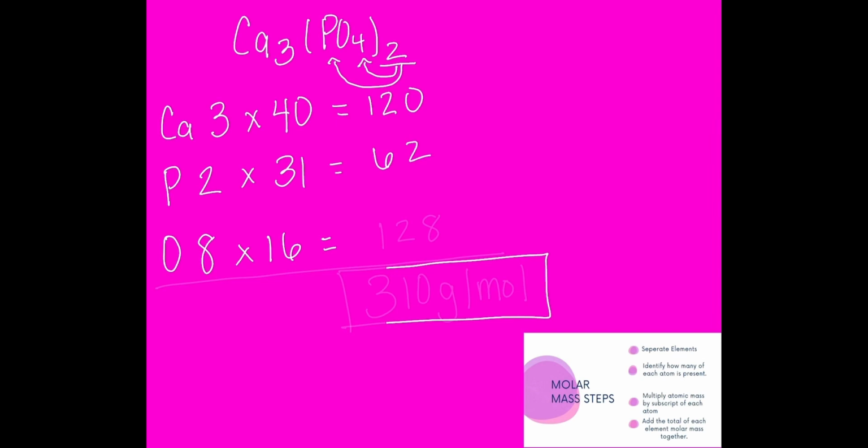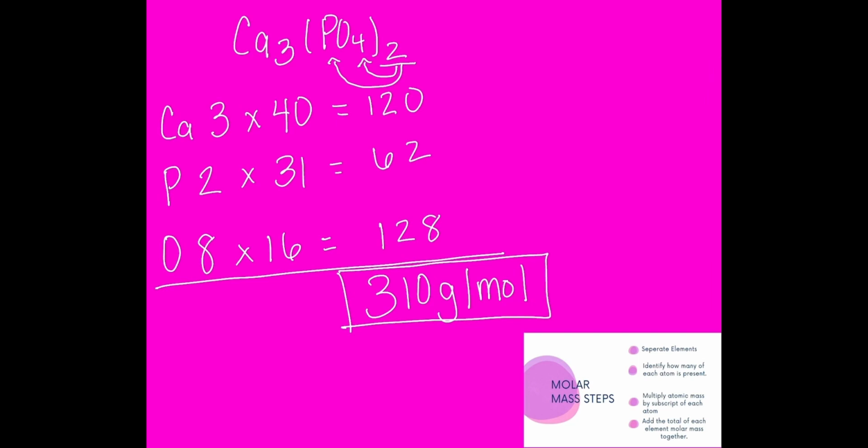And then 8 times 16 is 128. Once I get those numbers, I'm going to add them up. So 120 plus 62 plus 128 gives me 310 grams per mole. That is my molar mass for Ca3(PO4)2.